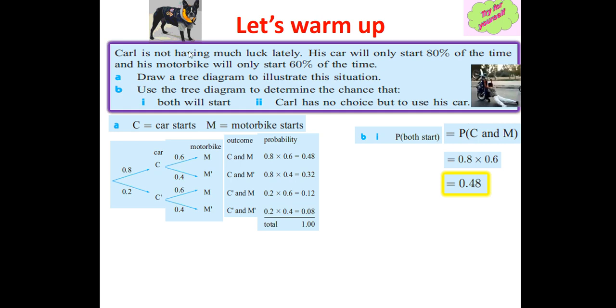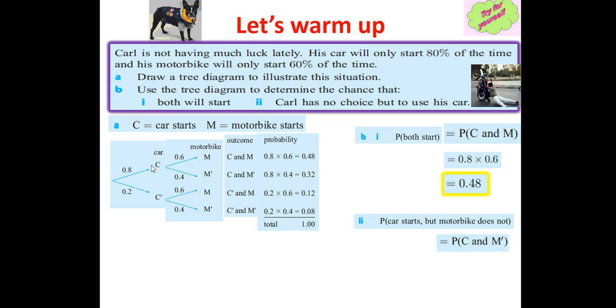And then part II, Carl has no choice but to use his car. So what does that mean? If there's no choice but to use his car, it means his car starts, but the motorbike does not. So that would be the probability that the car starts, but the motorbike does not start.